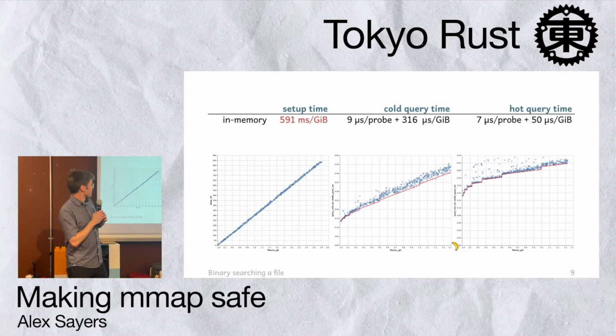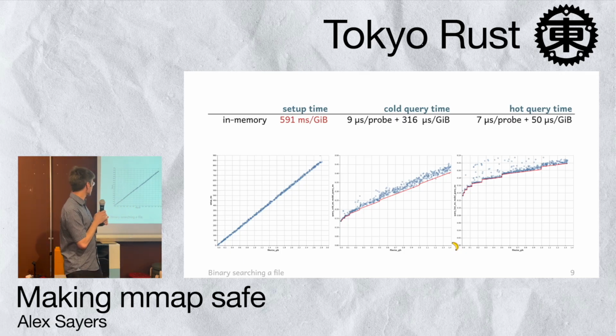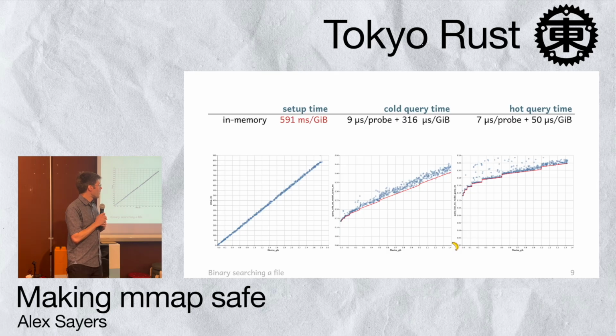You can see the query time has this interesting kind of logarithmic staircase shape, which comes from the way binary search works. One more question. As you said, binary search is logarithmic, but especially in the hot query time, there are these steps. Do you happen to have an explanation? Yeah.